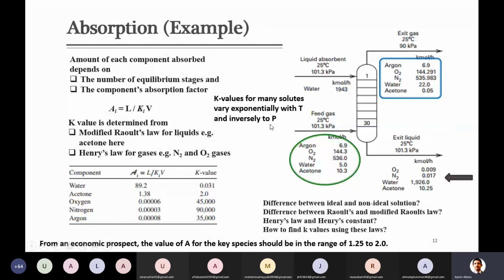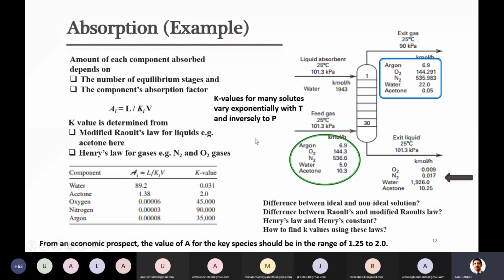So when you increase the pressure, the value of K will be decreasing. Look here in this equation, K is in the denominator, with V actually. So when you reduce the value of K, what will happen to the absorption factor A? Increase. Definitely it will increase. So just link it again.